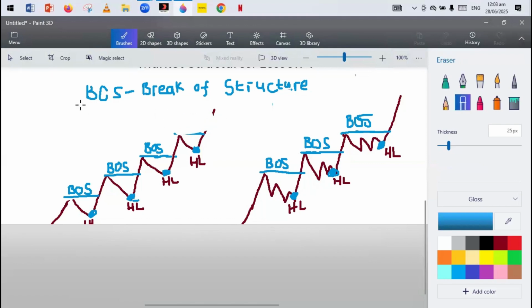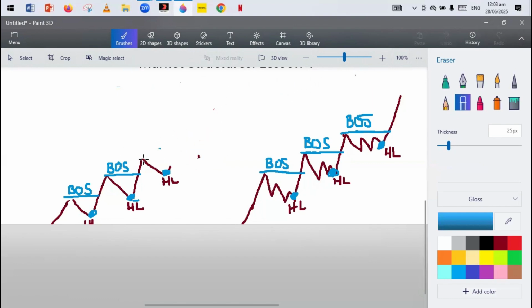And then let's move to the next market condition, which is a downtrend.